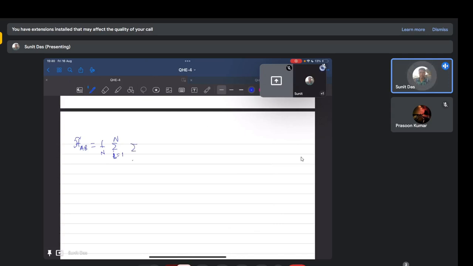And here is the approximation term, l equal to 1, 2, 3, e to the power i k dot delta l, and then phi a of r minus r_ai, H, phi b of r minus r_ai minus delta l. I'll tell you what I really mean by this.